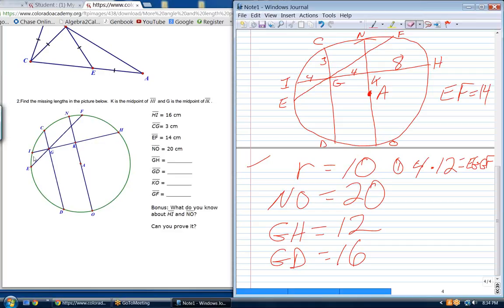And you know that HI is not really bisected, because we don't know that's a right angle. And HI is 16, right? Yeah. So I guess what you know about HI and NO is that IK times KH is equal to NK times KO.